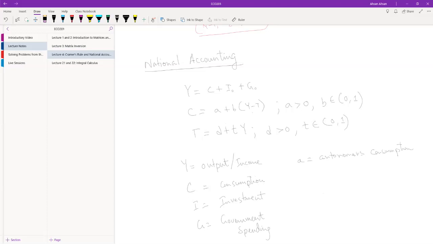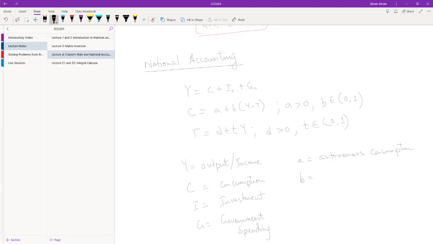And it should be quite obvious to all of you why consumption will not be 0 if income is 0. Even if you're not earning anything, you can borrow money, you can dip into your savings, and at the end of the day, let's just say you don't want to starve to death. So even with 0 income, you have some consumption.